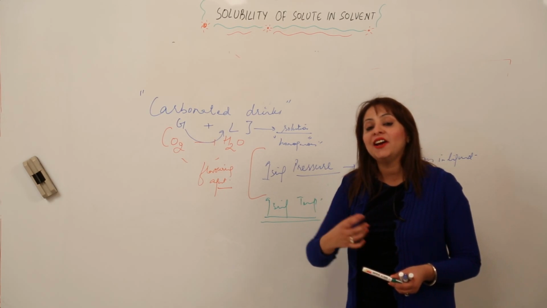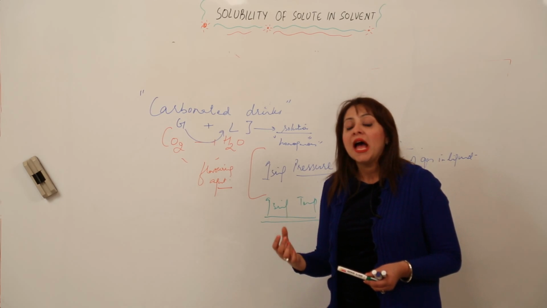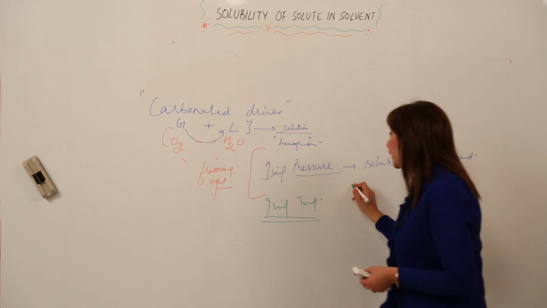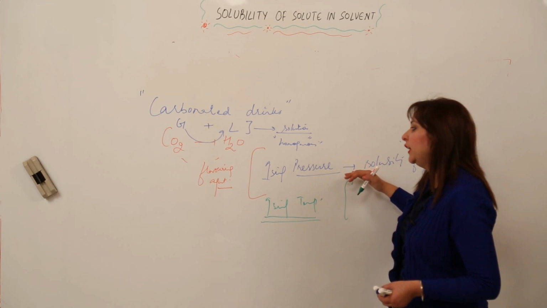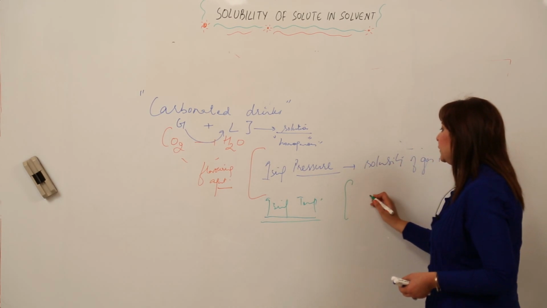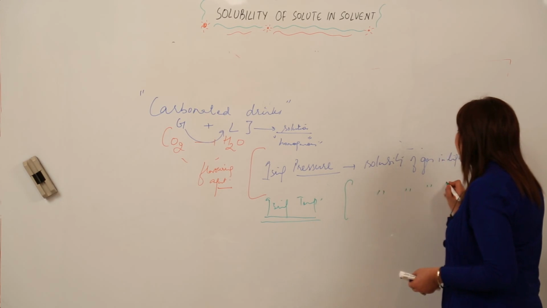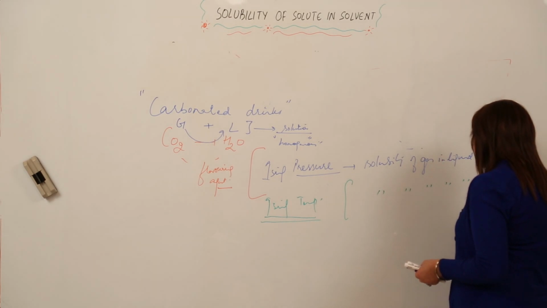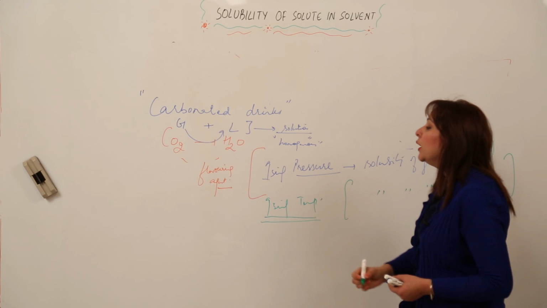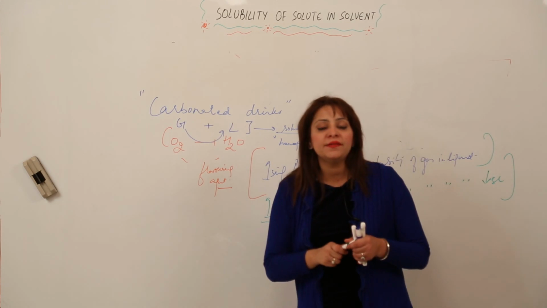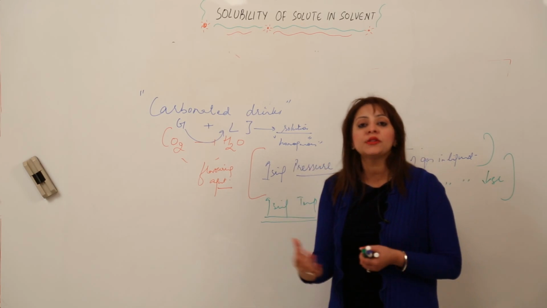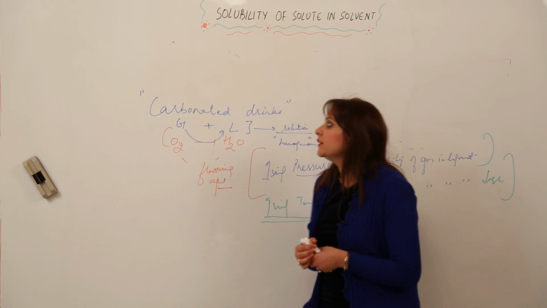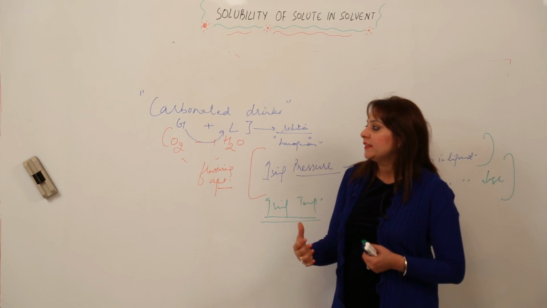So they escape, and the solubility of gas in liquid decreases. So by increasing pressure, the solubility of gas in liquid increases, but by increasing temperature, the solubility of gas in liquid decreases. This is how temperature and pressure affect the solubility of a solute in a solvent.